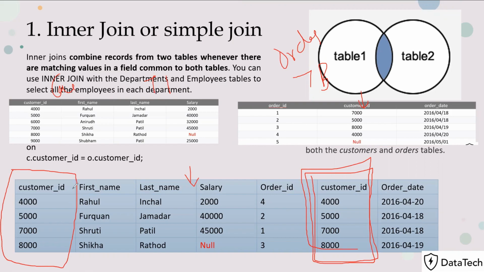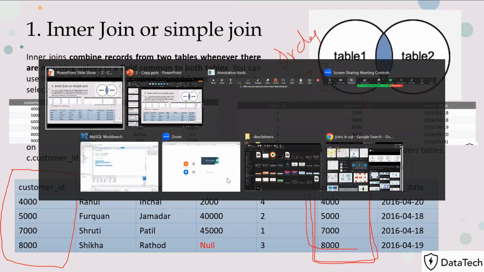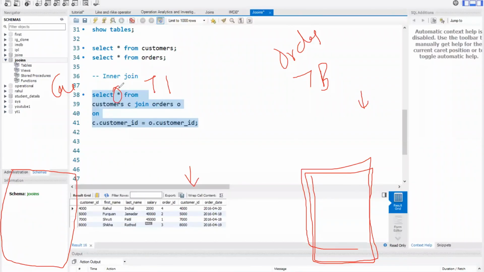Now guys, there are two customer ID columns you may have encountered, because what did I do? I have given star. That's why it is giving you all the columns of both tables. I just included star because I didn't want you guys to confuse yourself.